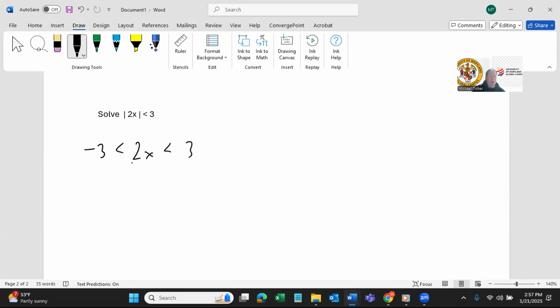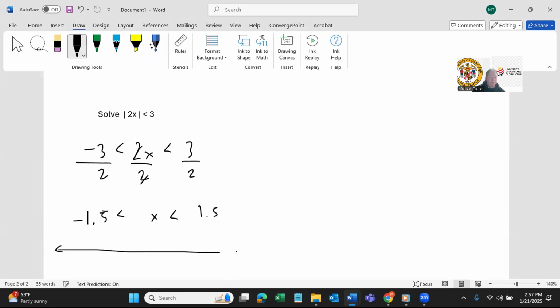Now getting x by itself, this time we'll divide all of the sides by 2. That'll be negative 3 over 2, which is negative 1.5, less than, the 2's cancel out, so we just have x, less than 3 over 2, which is 1.5.